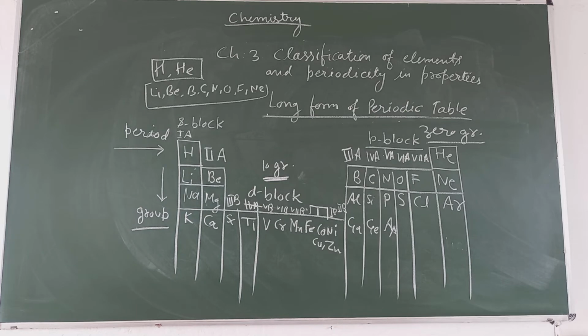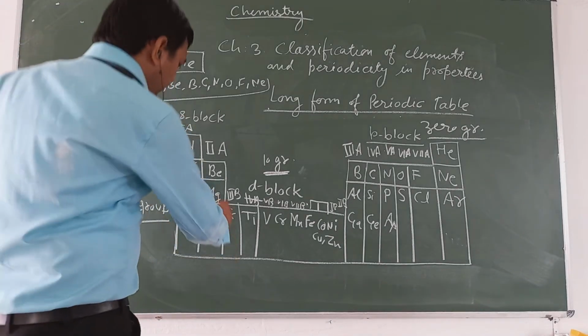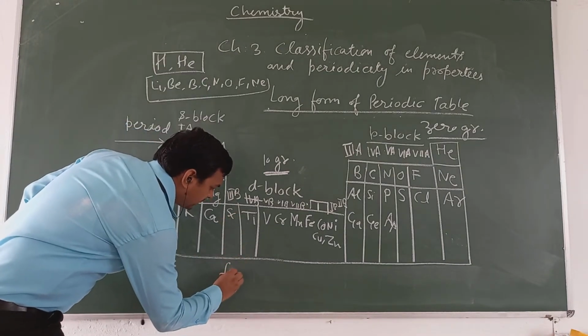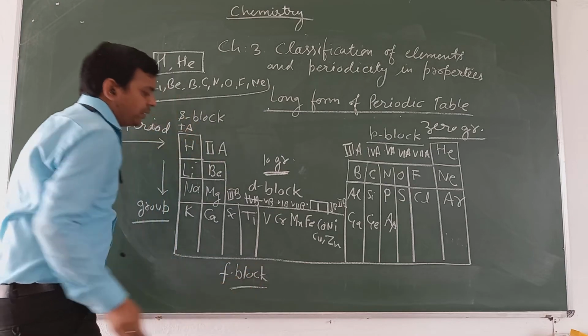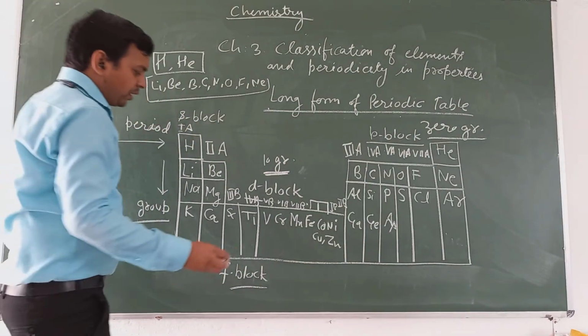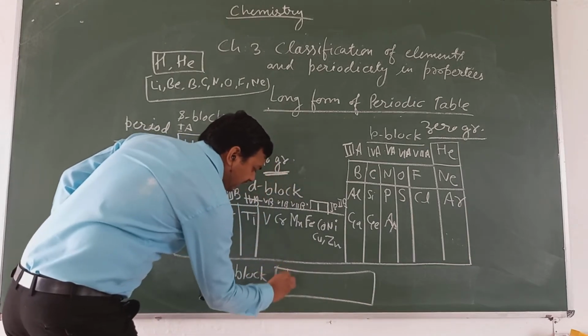The d block contains 10 groups, and here the f block elements are present at the bottom of the periodic table, and there are 28 elements in the f block.